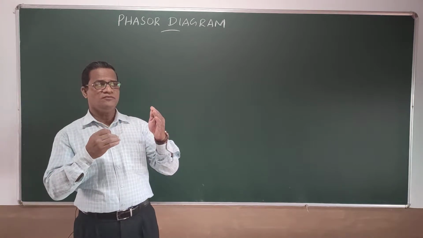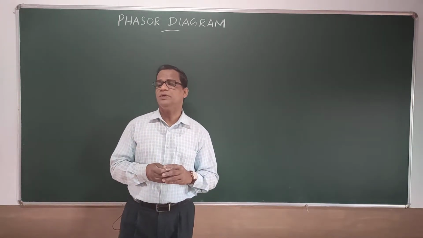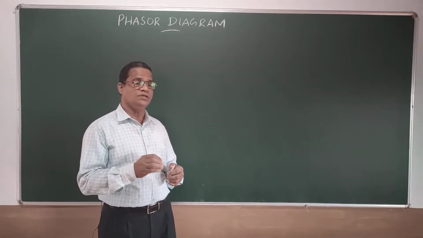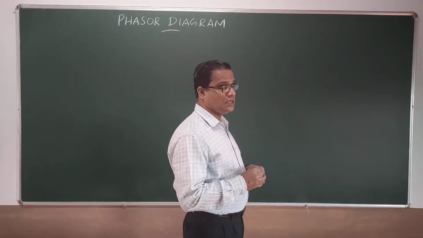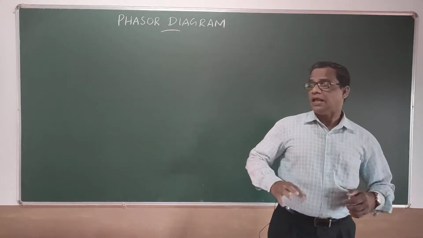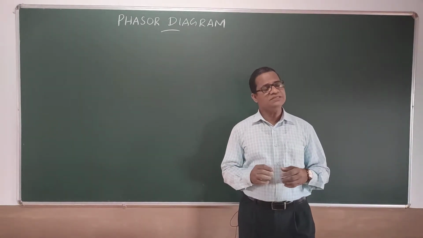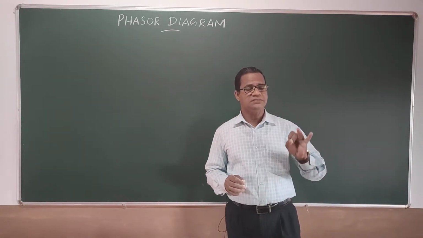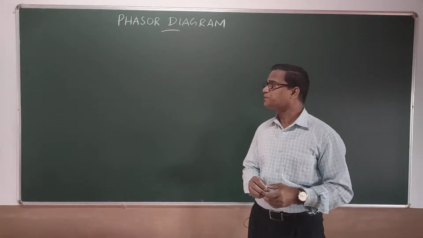So there will be a phase angle difference between the instantaneous values of current and voltage when it flows through an electrical element. Basically we consider three elements: resistor, inductor and capacitor.